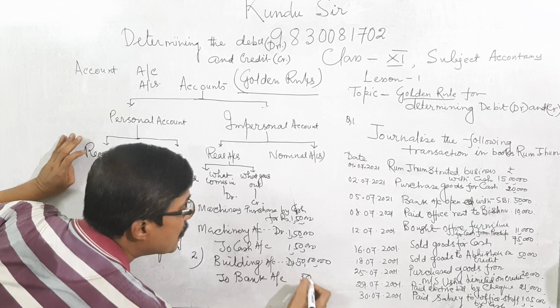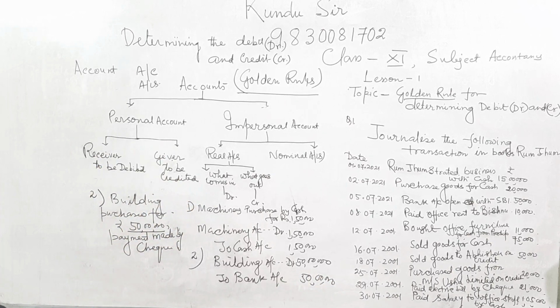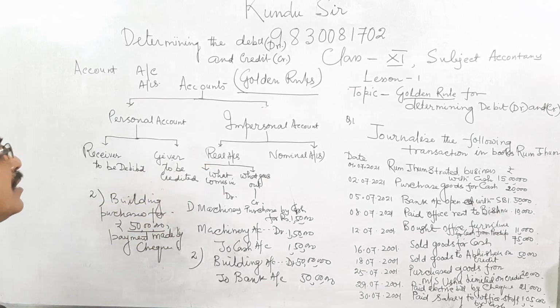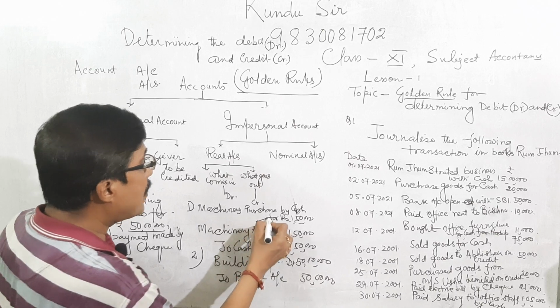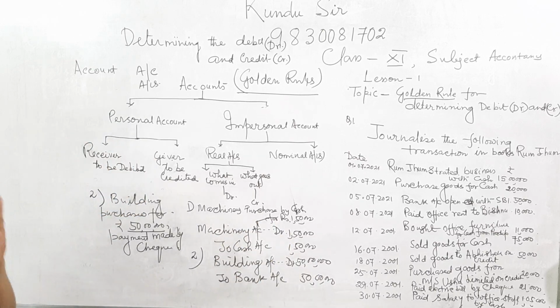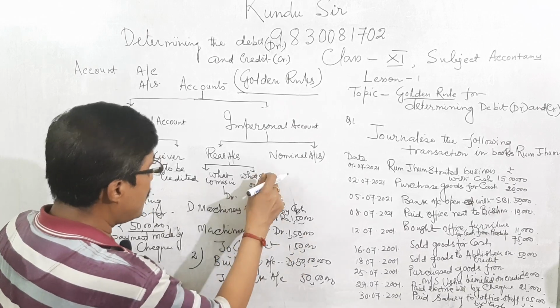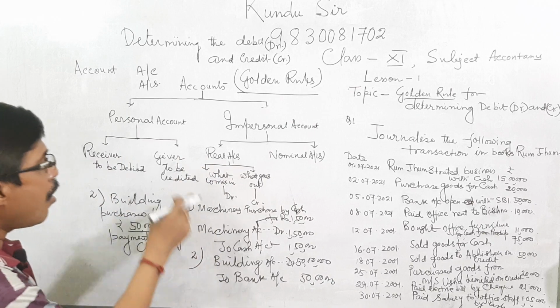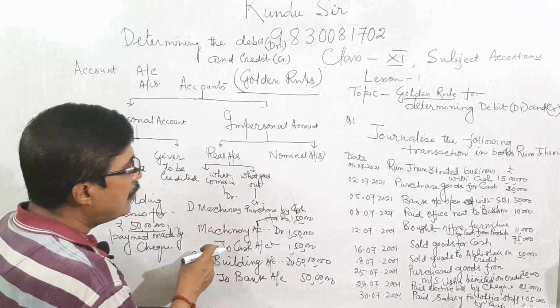Now I am explaining with the help of the golden rule. When we are getting machine, what comes in? Machine we are getting, so machinery account debit. And cash goes out, that means we are making payment of 1,50,000. Machinery is a real account and cash is also a real account.